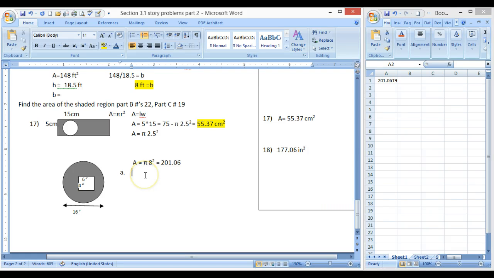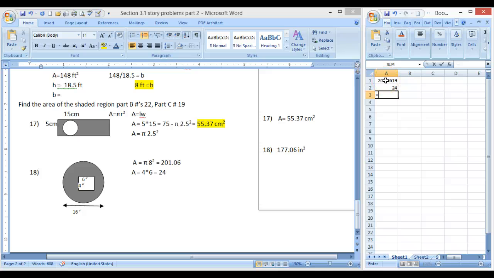All right, so my next job is to find the area of this rectangle, almost square. To find the area of that, I need to do length times width, which is 4 times 6. 4 times 6 is 24. And I need to subtract that from the circle. So I'm going to come up here and I can do equals 24, or I can calculate the 24.